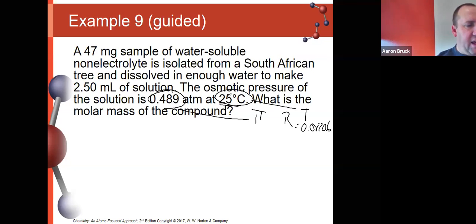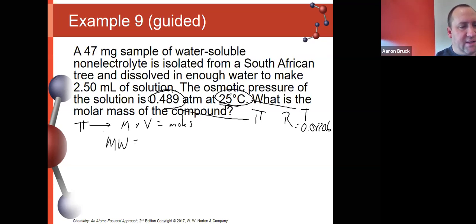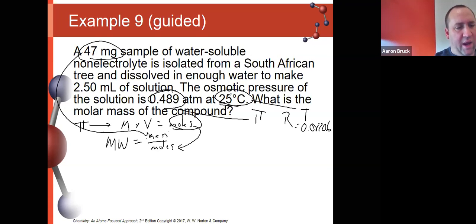From this data, we can take our osmotic pressure and determine the molarity of the solution. With the molarity and its volume, we can turn that into moles of the substance, and molar mass is mass of the substance over moles. So I've got a mass here, I've got moles there, and I can figure out the molar mass off of that.